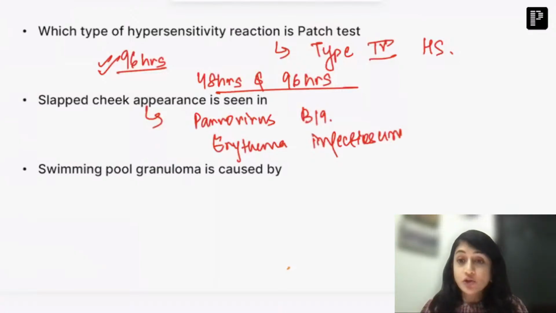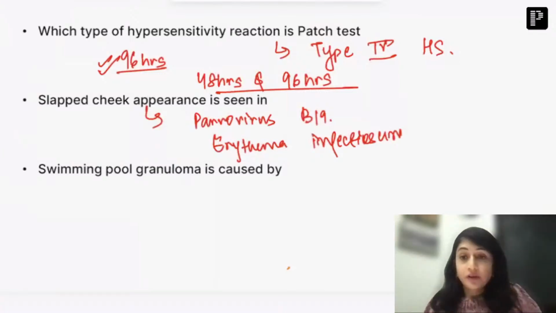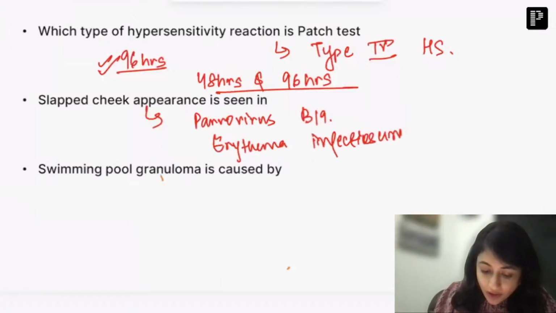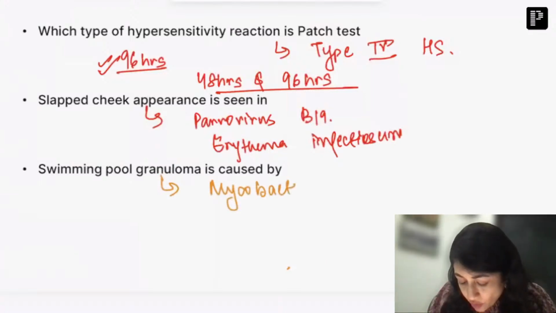Great. Next question. Swimming pool granuloma is caused by? What is swimming pool granuloma caused by? Great, you all know everything. So yes, swimming pool granuloma is caused by Mycobacterium marinum.